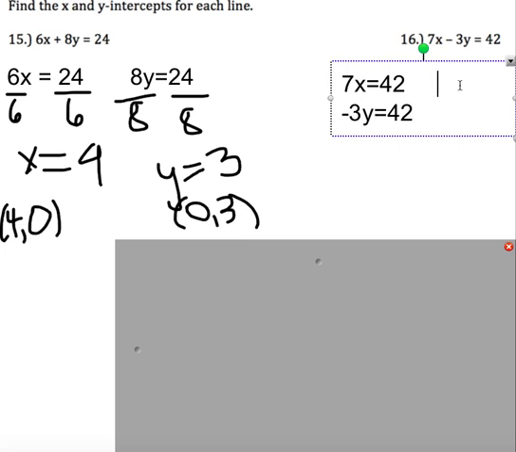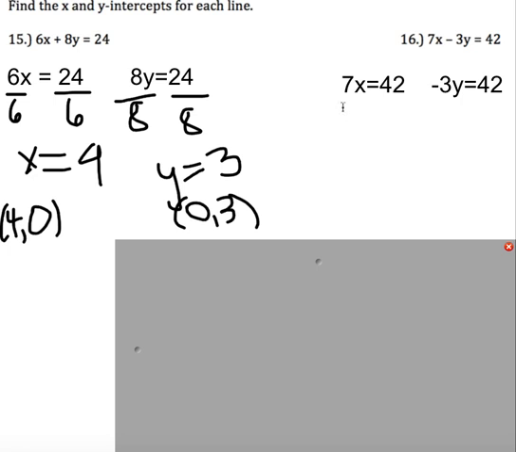To solve both of those, for the first one, we could divide both sides by 7, and we would be left with x equals 6. For the y-intercept, I would divide both sides by negative 3, and the y-intercept would be negative 14.